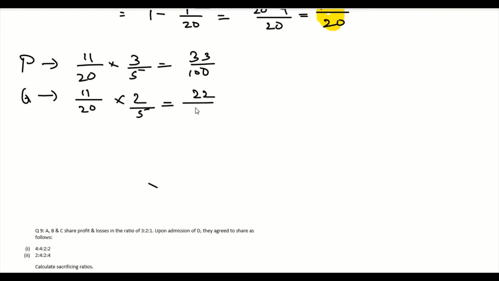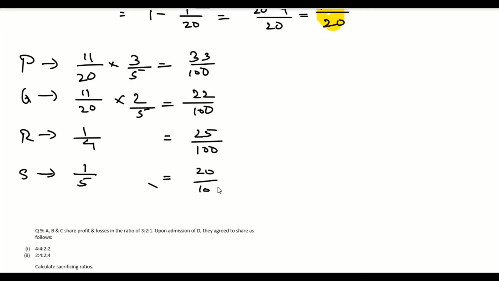That is 22/100 is Q's new share. R, it's already given in the question, 1/4. If we wanted to keep a common denominator, it is 25/100. S is 1/5. If you want to keep a common denominator, it is 20/100.